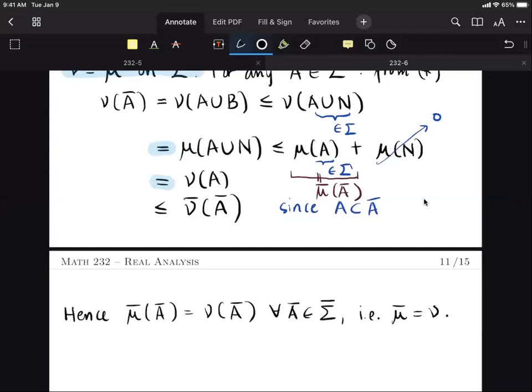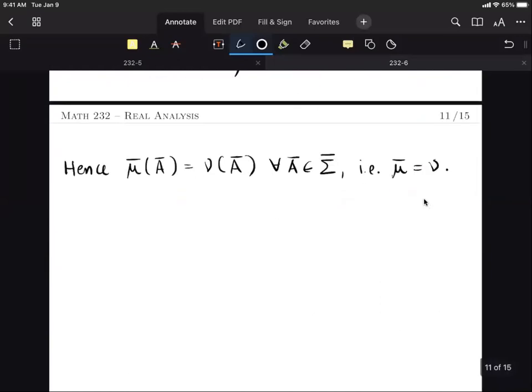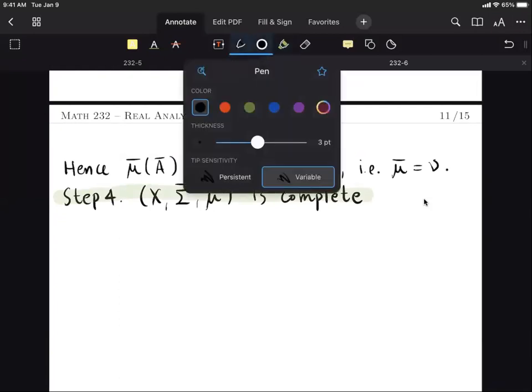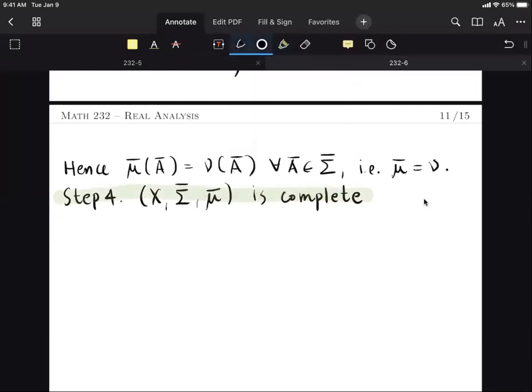And finally, to prove completeness of the resulting measure space, or the constructed measure space, and this will be our final step in this theorem. So let's start with what? Let's start with a mu bar null set.